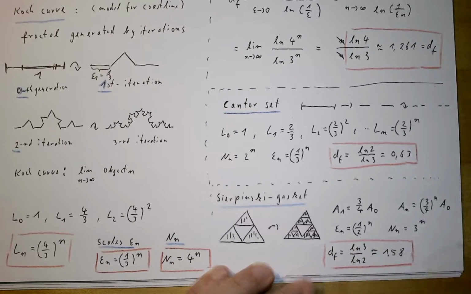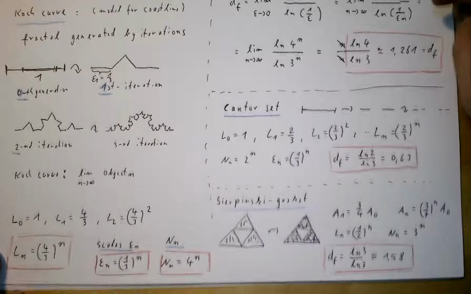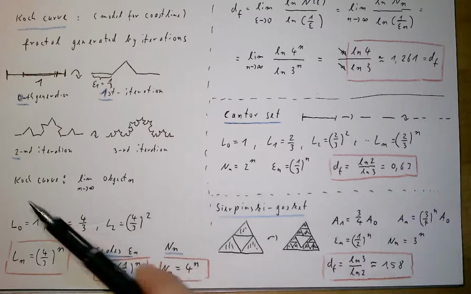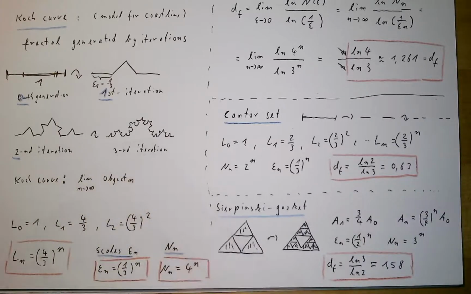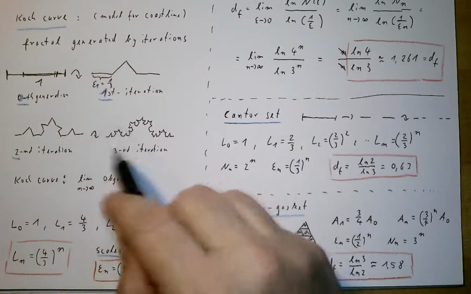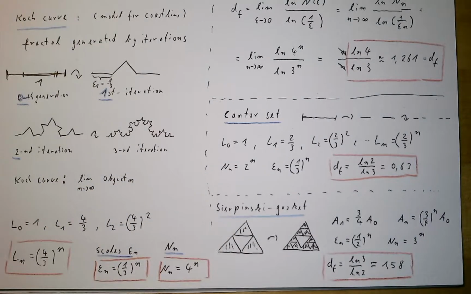Right, and these now were examples of such perfect deterministic fractals where we always were doing precisely the same procedure and divided the object perfectly into smaller objects, and then we have these perfect fractals with well-defined fractal dimensions.